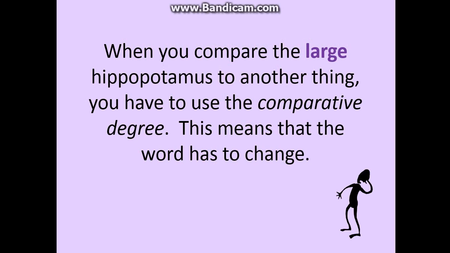When you compare the large hippopotamus to another thing, you have to use the comparative degree. This means that the word has to change. So if you want to compare that hippopotamus, we use the comparative degree, not positive again.